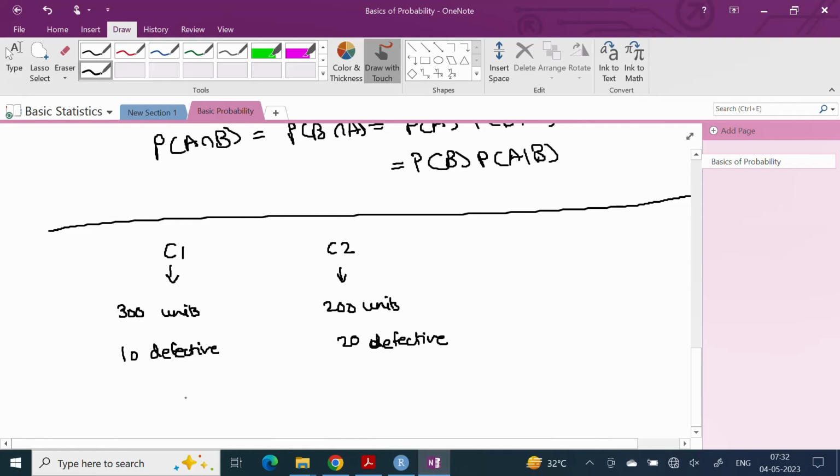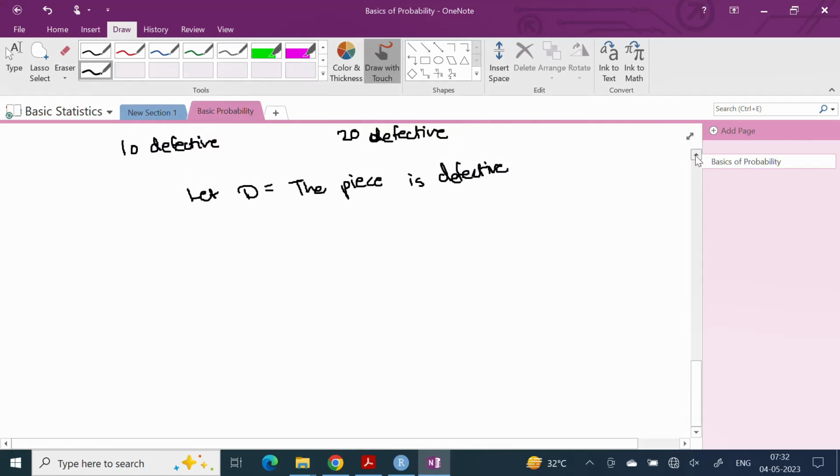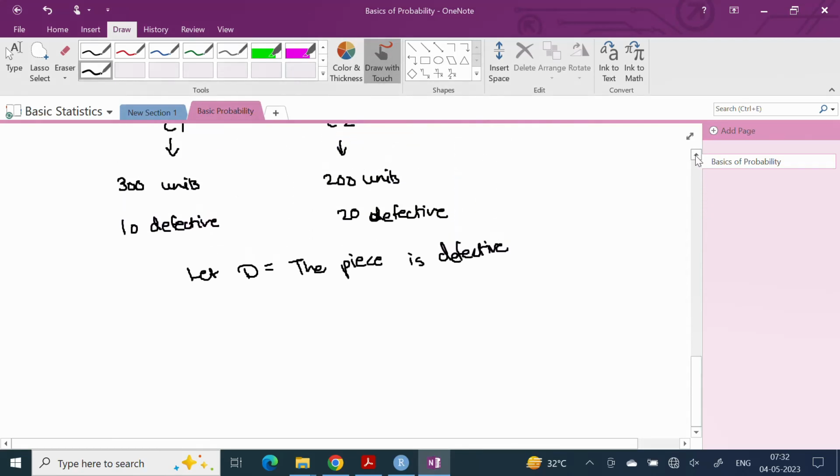Okay, so let me define the events that are of interest here. Let D be the event that the piece is defective. So what are the things that we know? We know that if the piece is from company 1, then the chances of it being defective are 10 out of 300.